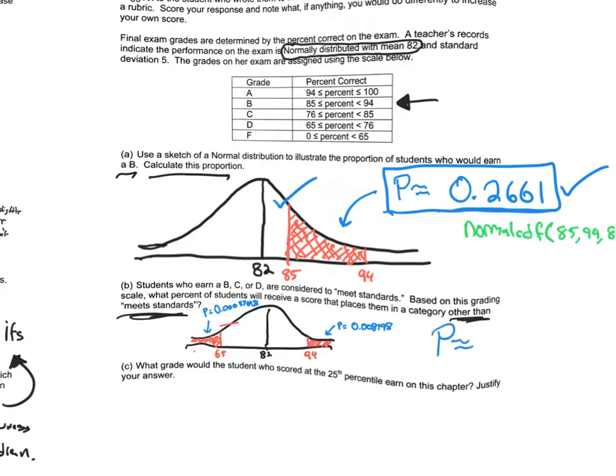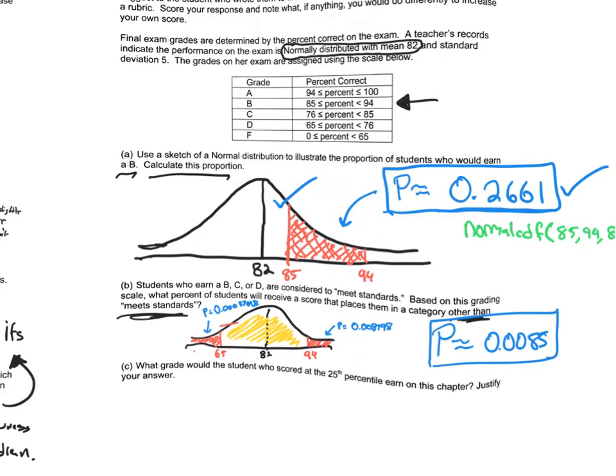So I'm going to go plus 0.0081975. That should be good enough. And I'm going to get 0.0085. Sounds good enough. And that would do it, right? Other than meets standards, because all the ones in the middle that I just highlighted in yellow are meeting the standard.